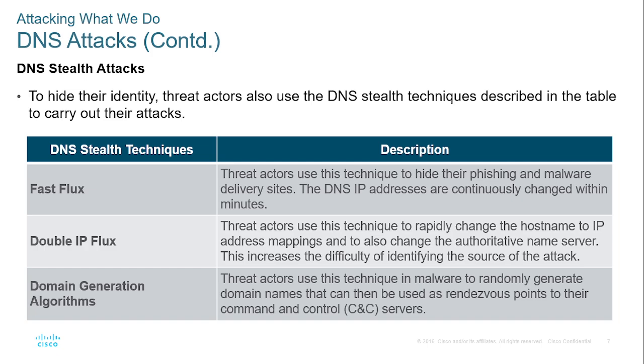And then we have DNS stealth attacks. Threat actors most of the time want to hide their identity, and the best way to do that is through DNS stealth attacks, which have a number of techniques like fast flux. Fast flux is a technique where the threat actor will hide their phishing and malware delivery sites.